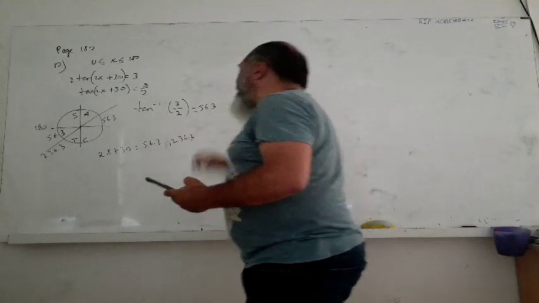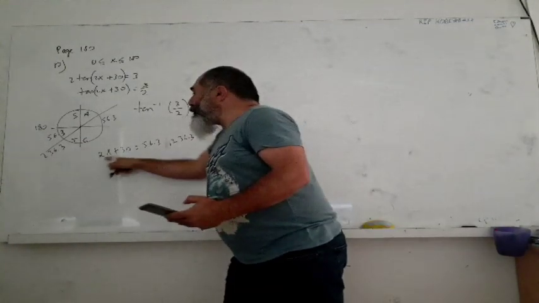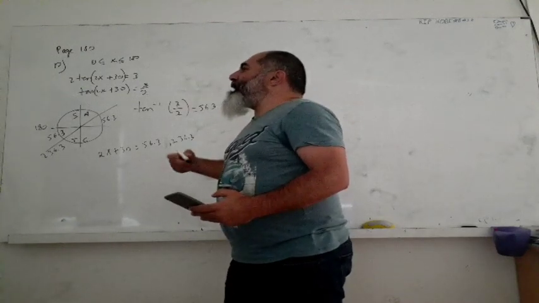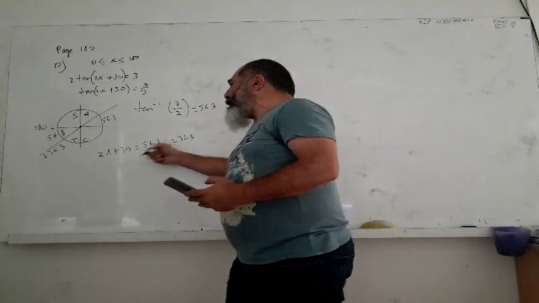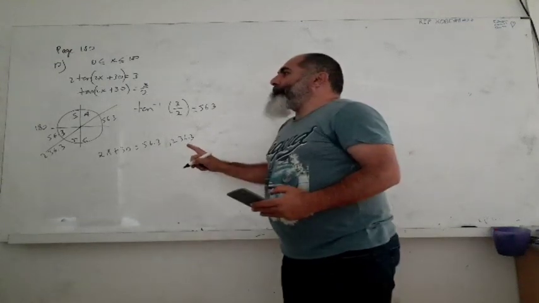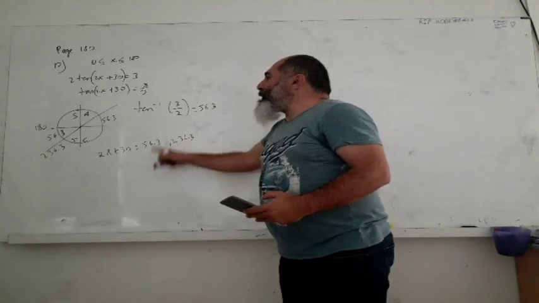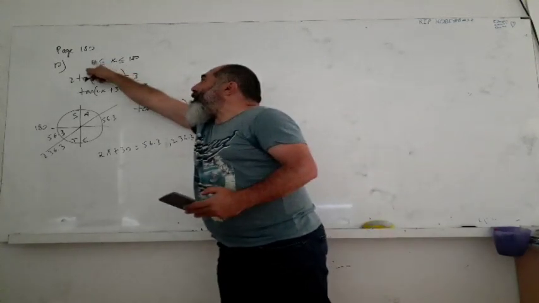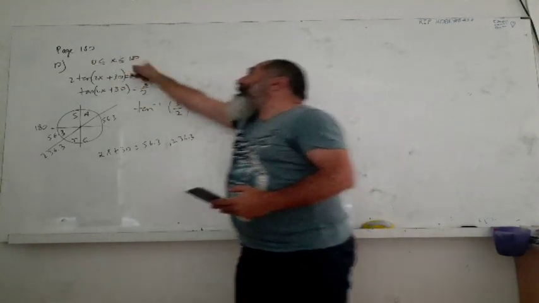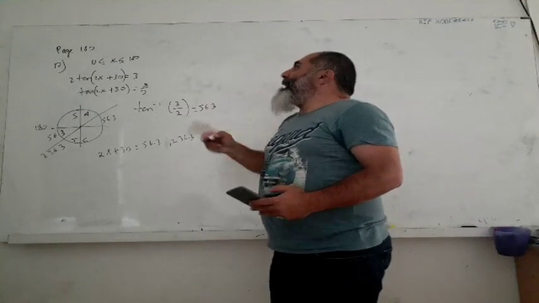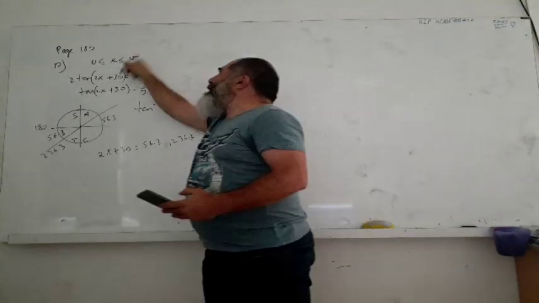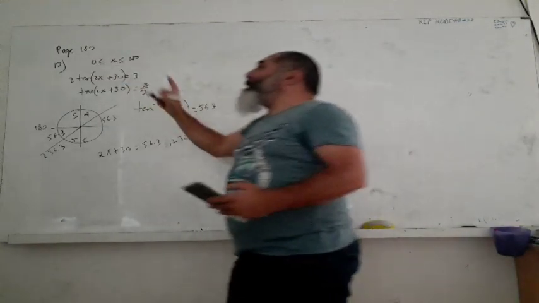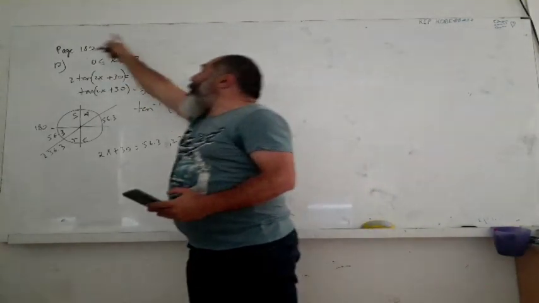Now, because we have 2 there, it means we need to have 2 sets of values. But I am not going to do that. I am not going to add 360 to these numbers because this is not from 0 to 360. It is only between 0 and 180. So it is a half circle. We don't have the full 360 degrees there.